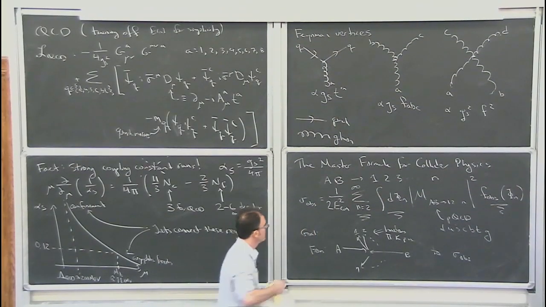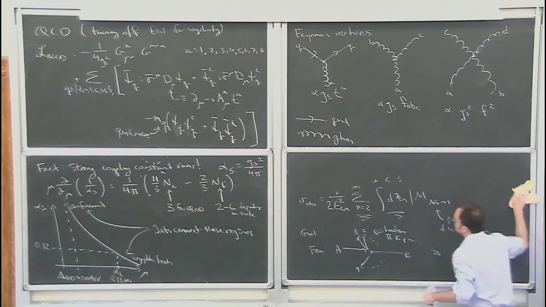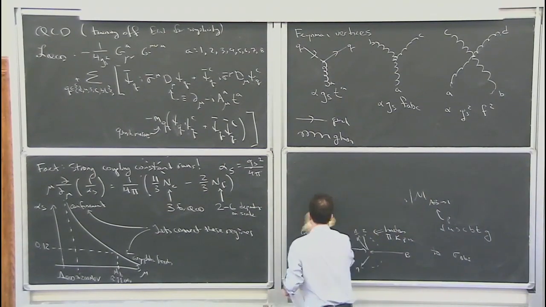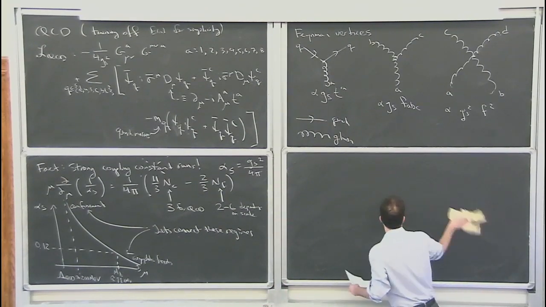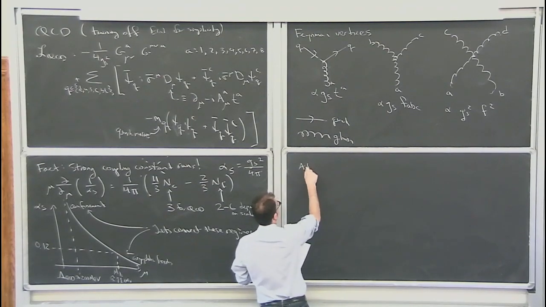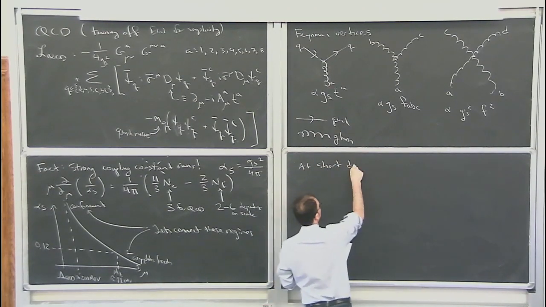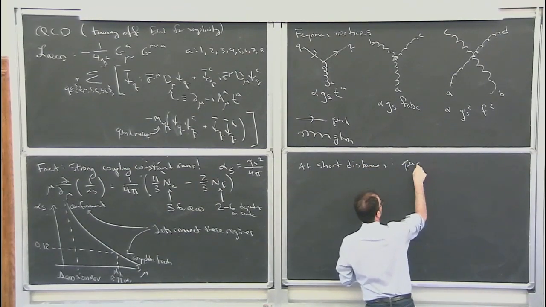So, write that down. At short distances, we have quarks and gluons.